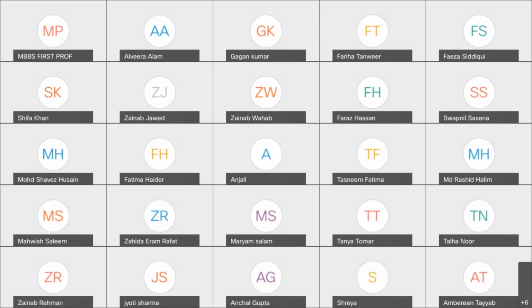Ma'am, roll number 20, Shifa Khan. Ma'am, roll number 13, Alvira Alam. Yeah, got it, Elvira. Next. Ma'am, 17, Anjali. Swapnil Saxena, roll number 7. Okay. Who is roll number 43? One by one, please.